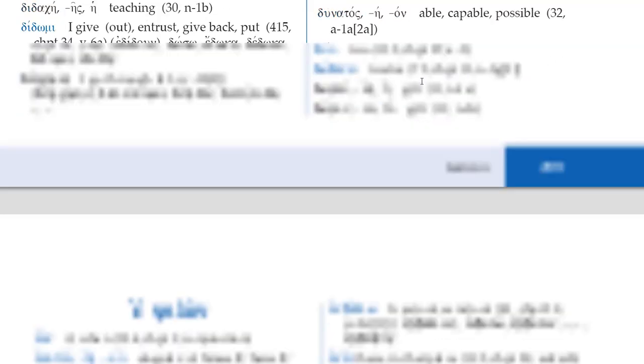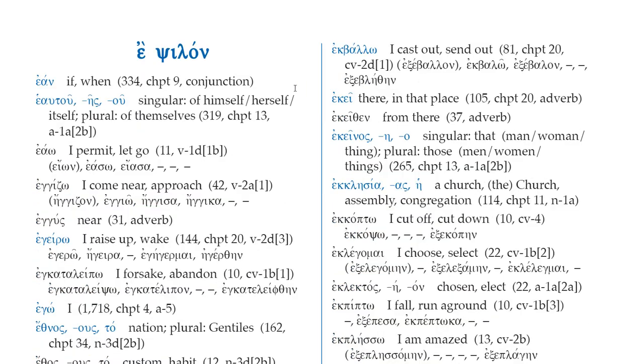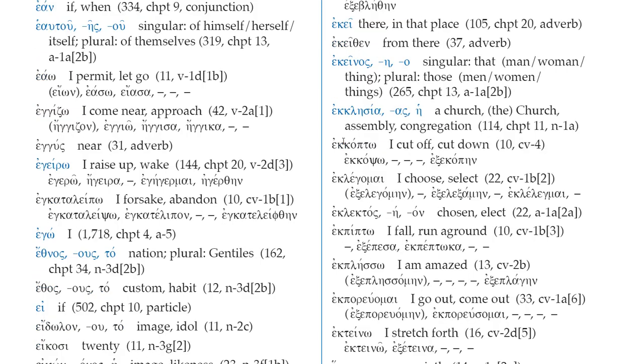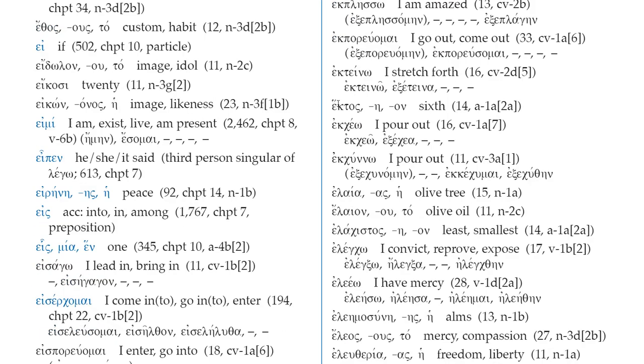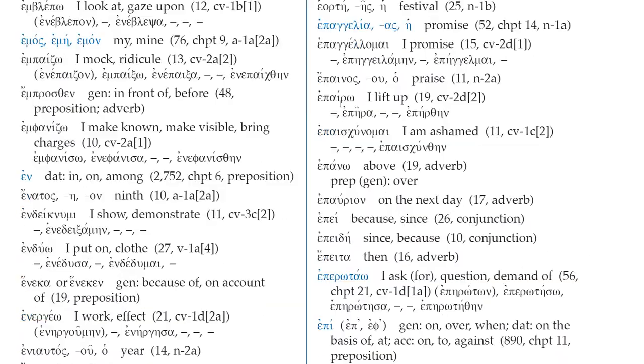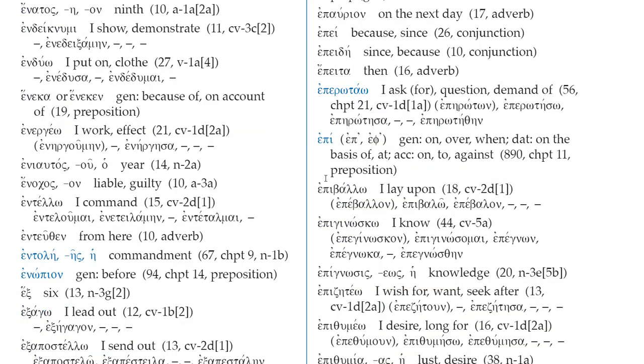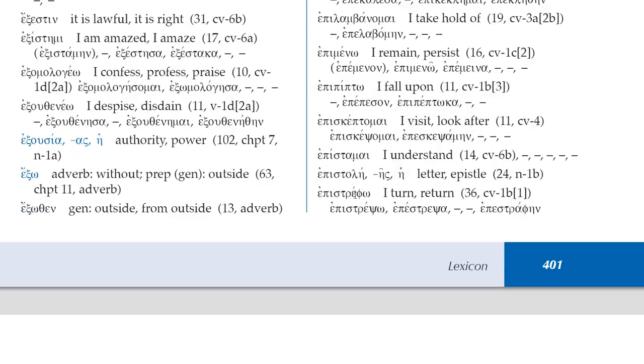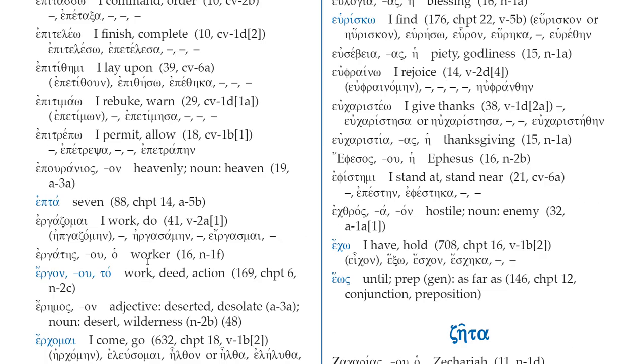So there's delta and finally epsilon. And we're looking for epsilon rho. Rho's near the end of the alphabet, so we need to look down farther, past P. And here we go, here is ergon.